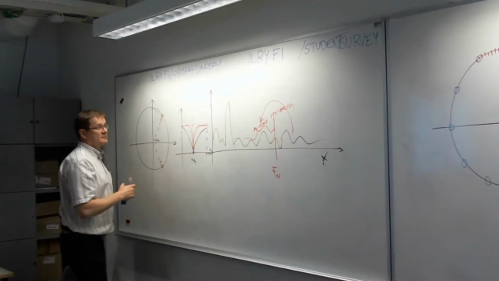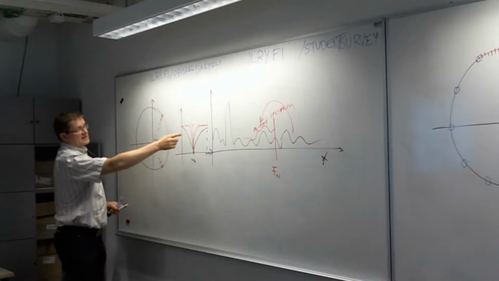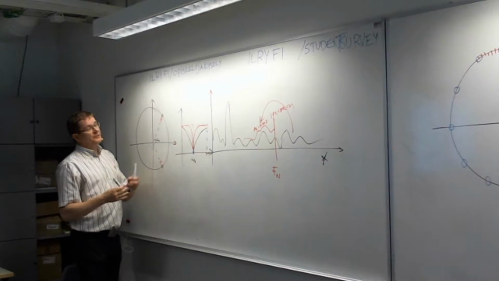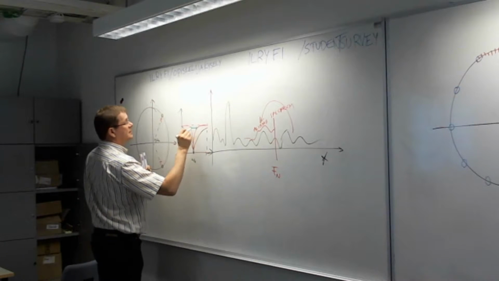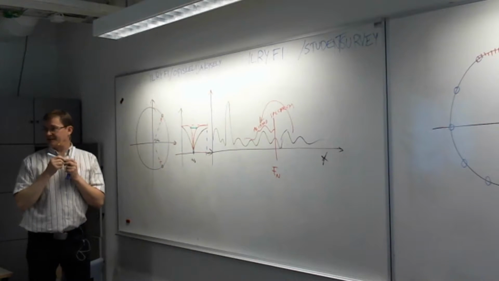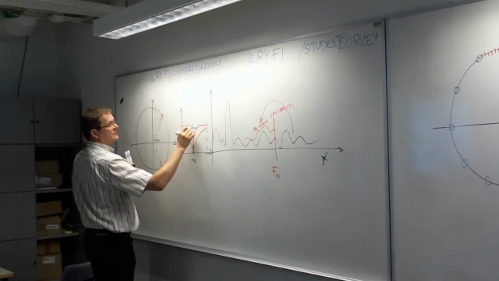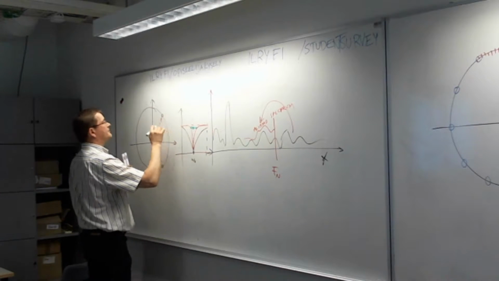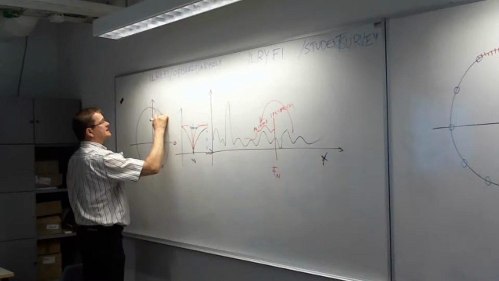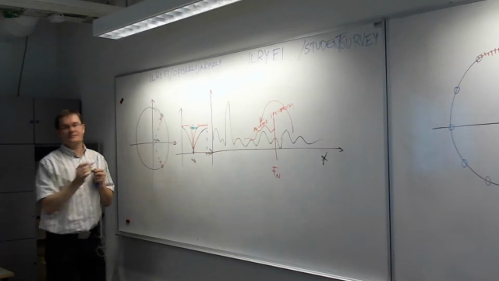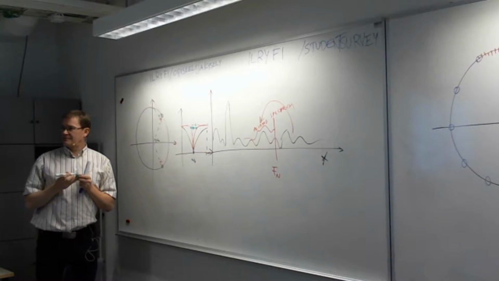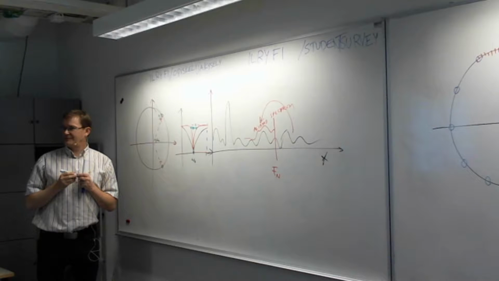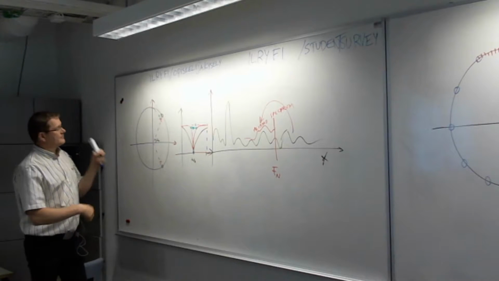Okay. And even this width of the filter can be adjusted quite easily. Well, half width. Half width is exactly the same as that one, the distance to the unit circle. Okay, how come?